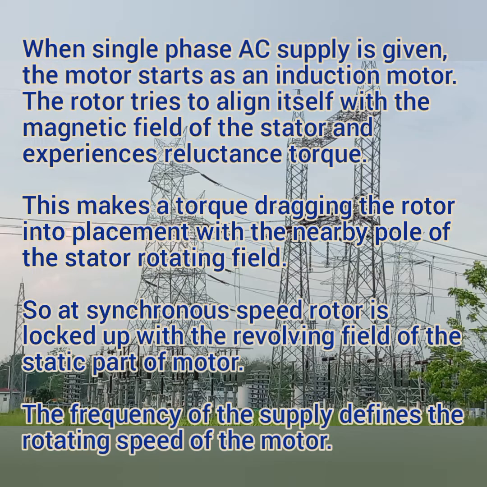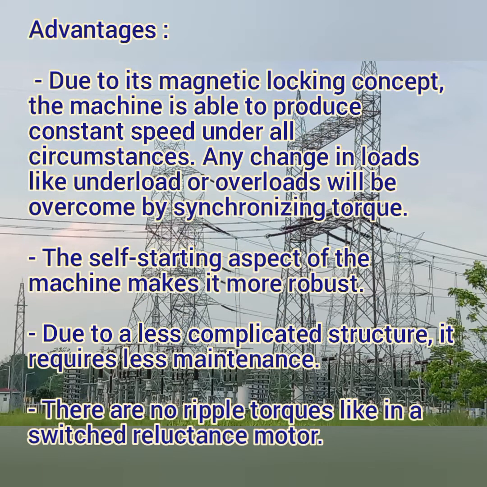Thus, it achieves synchronous speed by locking onto the revolving field of the stator. So first it starts like an induction motor, and then the rotor gets aligned with the stator rotating field. Once it gets magnetically locked, it moves towards the low reluctance path, forms a reluctance torque, and then moves on with synchronous speed, which is defined by the frequency of your supply.